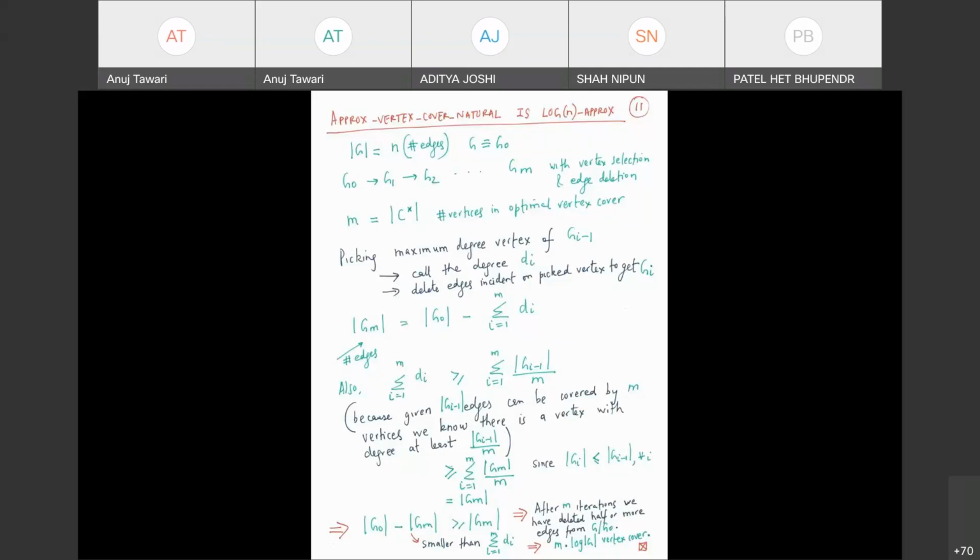Sir, will it be all MCQ or do we have to write algorithms? No, I don't think you'll have to write algorithms. We are yet to set the paper, so I'll tell you the exact format in a few days.